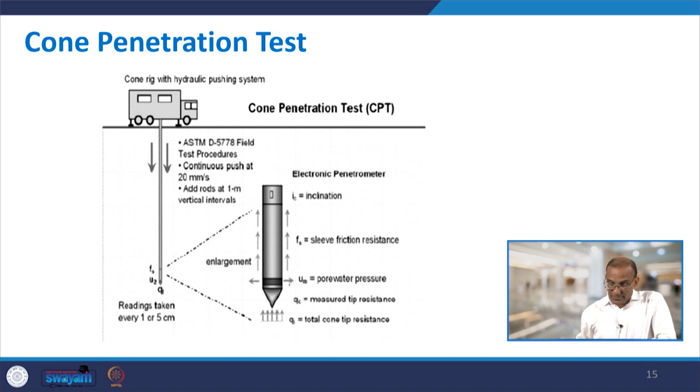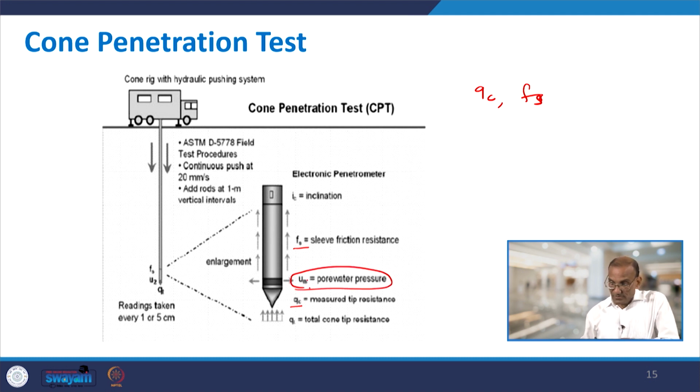In the cone you have sleeve friction resistance, which is Fs, and the measured cone tip resistance, which is denoted as QC. These are the parameters measured, Fs sleeve friction and the total cone tip resistance, and then another item, which is pore water pressure.